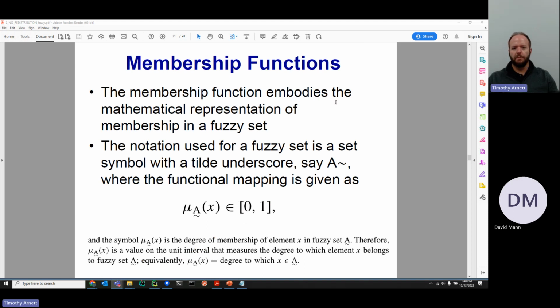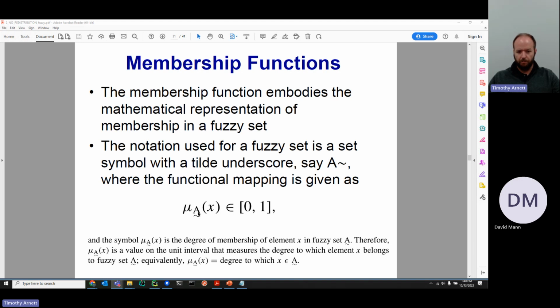So the membership function embodies the mathematical representation of membership in that fuzzy set. The typical notation used for a fuzzy set is a set symbol with a tilde underscore, say A tilde, that's this right here.